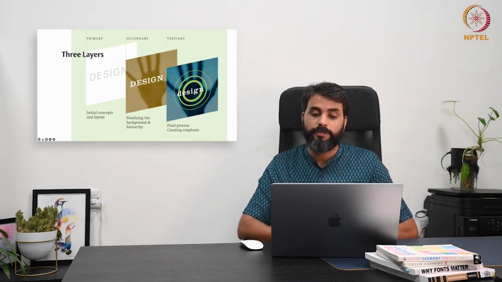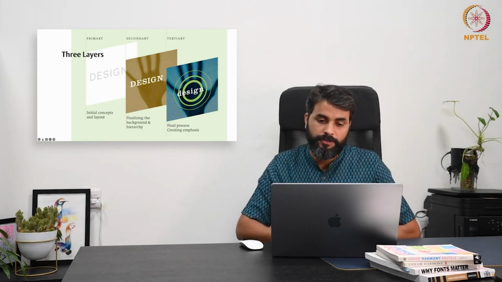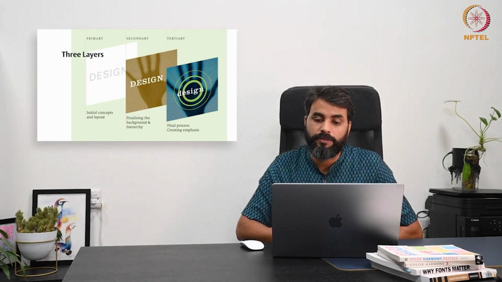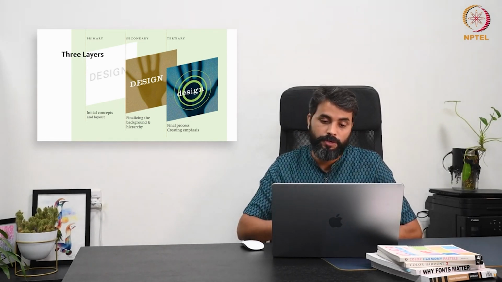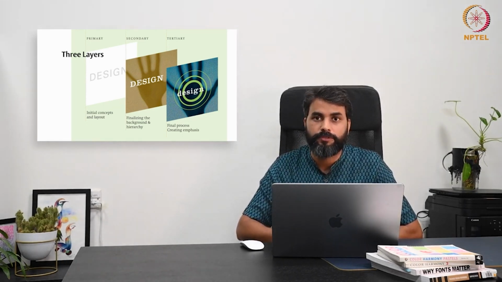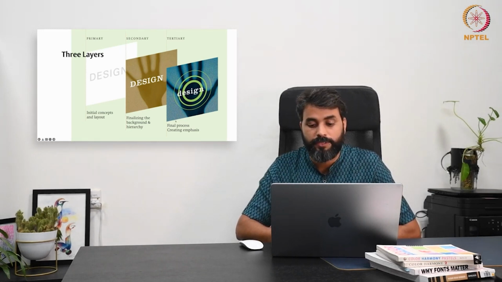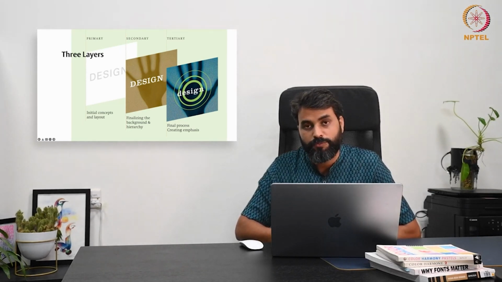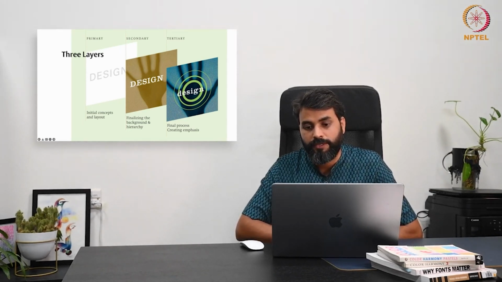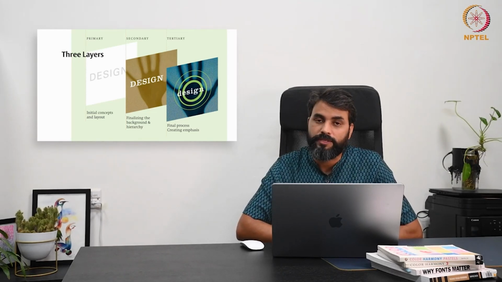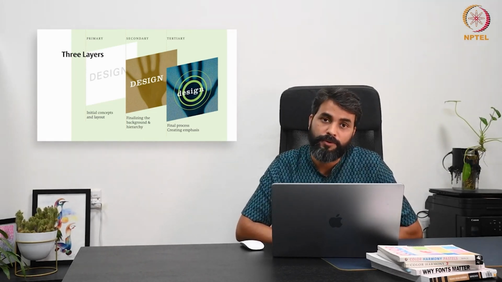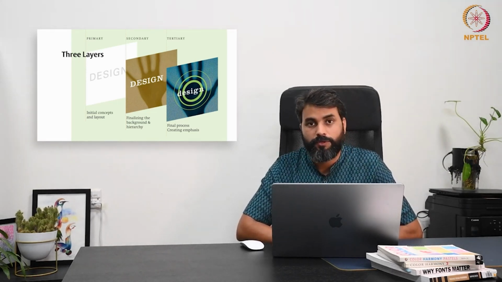There you work with the functional aspect: how you are going to guide the viewer's eye, how you are going to communicate the message. And then the tertiary one is final process and creating emphasis. It is more focused on refining your design and finding the clues and ways to create a very powerful impact on the viewer when he or she is looking at it.